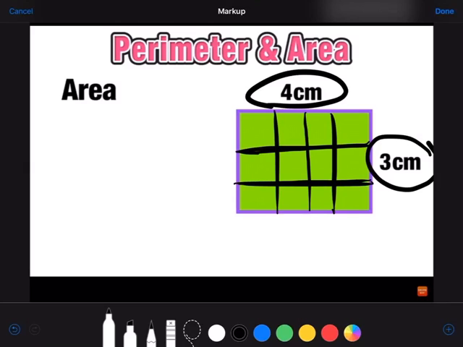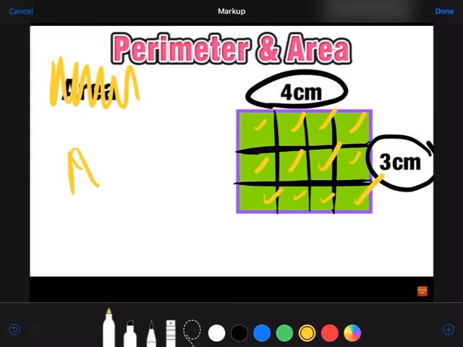And then all I'd have to do is count my square units, because remember, area is how much you cover. So let's do that. It's 1, 2, 3, 4, 5, 6, 7, 8, 9, 10, 11, 12. So I can count and find that my area is 12 square centimeters.